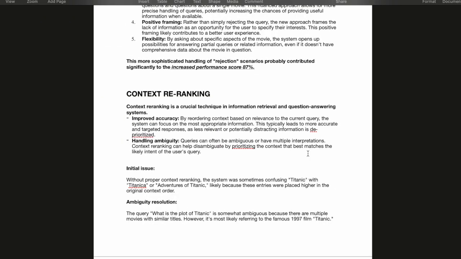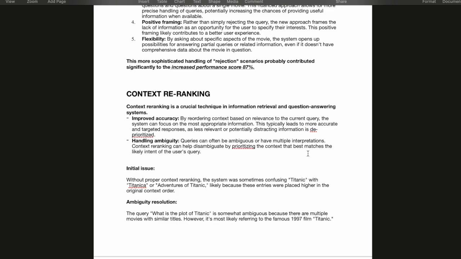The other technique that could improve the performance of the system is context ranking. The answer in the context doesn't always stay at the top of the context. It can stay in the lower part as well, because we are retrieving the top three or top five documents from the vector DB, combining them, and sending them as context.